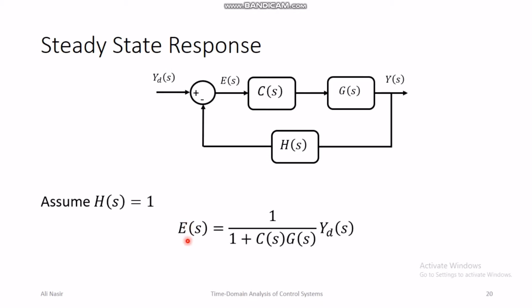But if you take Yd(s) from the denominator on the left hand side onto the right hand side, then this becomes the expression for the error in the system. We are interested in the steady state of the error. For a well designed system, the error should go to 0 with the passage of time.